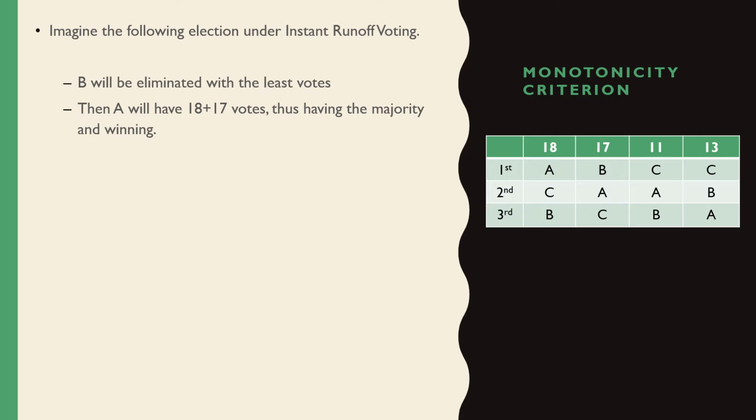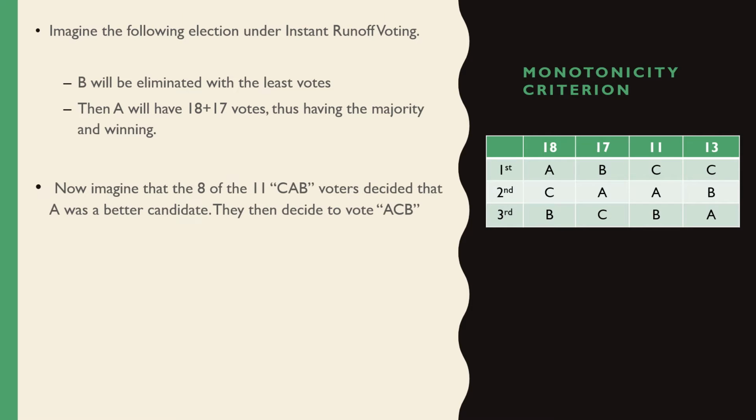So let's come up with a weird example. Let's say that in retrospect, we decide that the previous election didn't work properly and we need to run it again, but this time, those CAB voters, that third column of votes, 8 of those 11 voters decide actually A is the better candidate, and they're going to change their vote to make it so that A is higher.